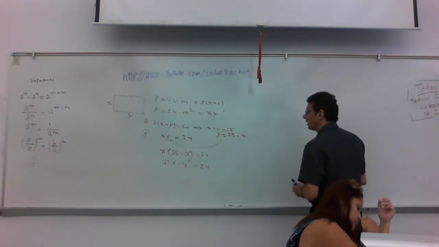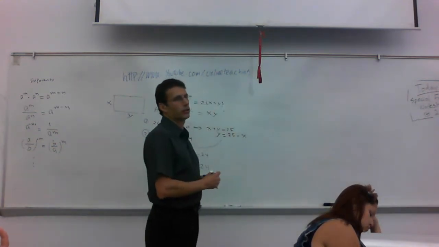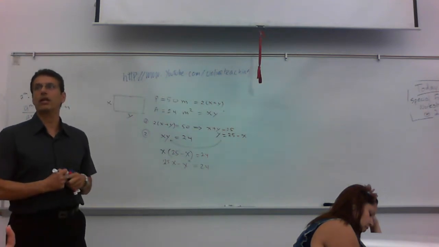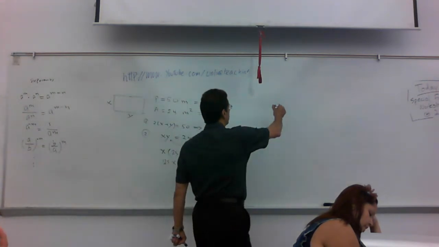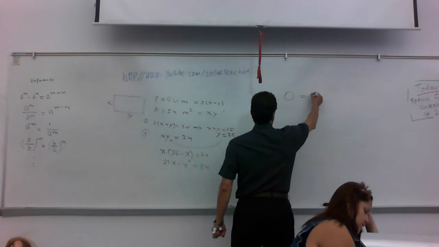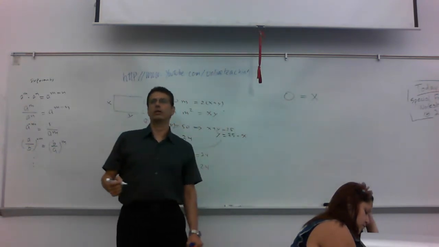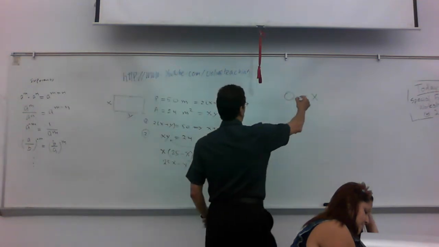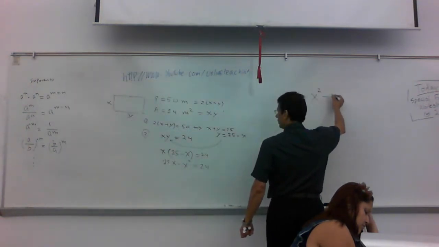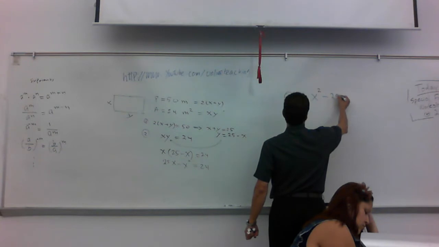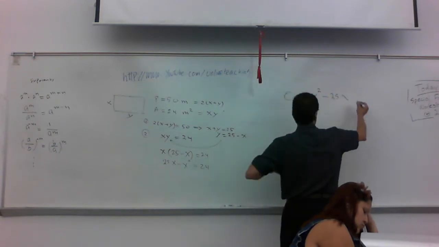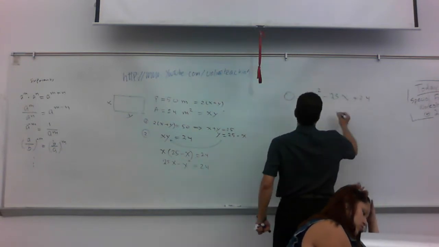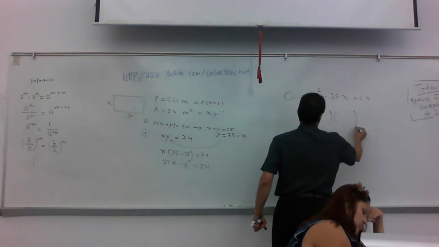In which case, I want to solve this. To solve, what do we do? We bring everything to one side and do the factoring. So let's bring everything to the right. Why? Because we want the coefficient of the highest degree term to be positive. So it's x squared minus 25x plus 24, and factoring will do the job.